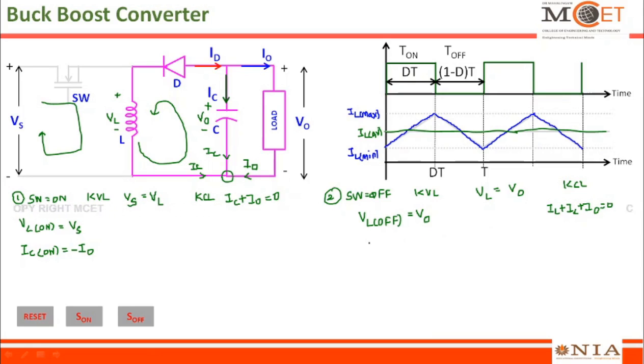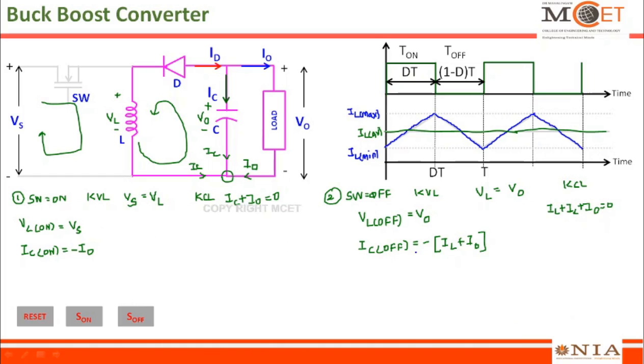All the three put together is equal to 0. So I need IC under off condition. IC under off condition can be written as minus of IL plus I0. So this is the fourth expression that is of our interest.